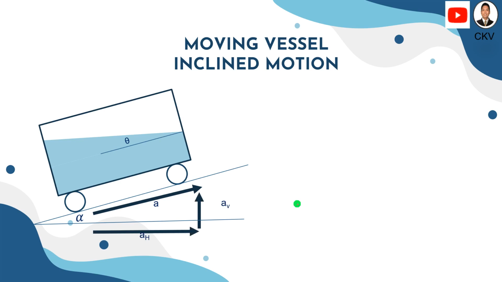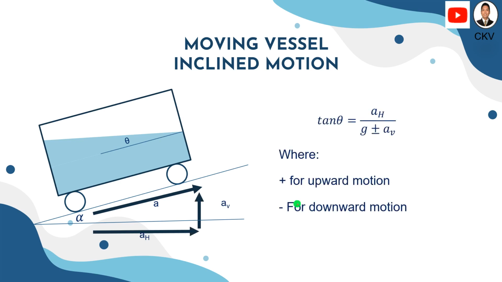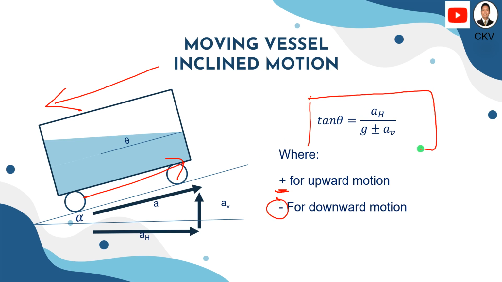Then we can solve theta by applying this solution: tan theta equals a_H over g plus or minus a_V. The sign, plus or minus, will depend on the direction of the motion of the vessel. If it is going upward, we use the positive sign, and if it is going downward, we use the minus sign. So we use this solution.